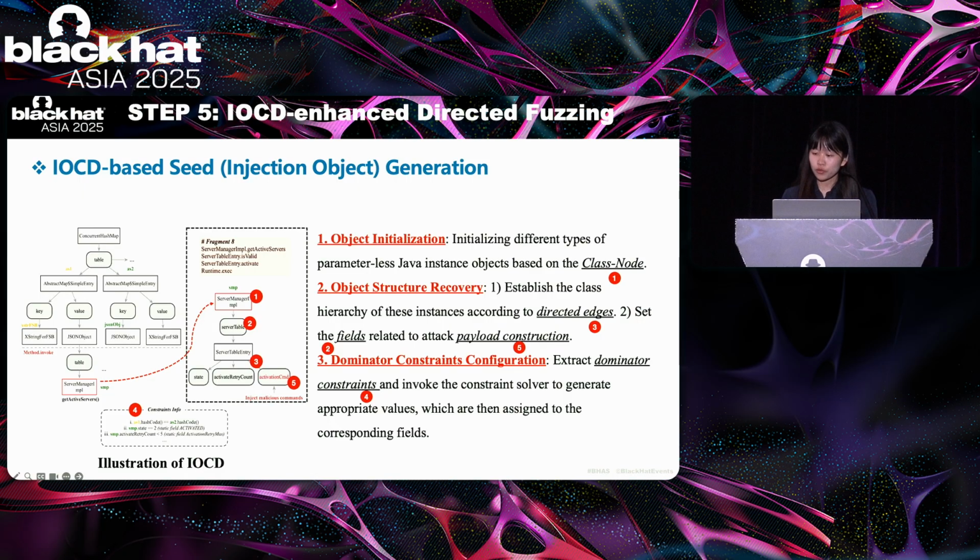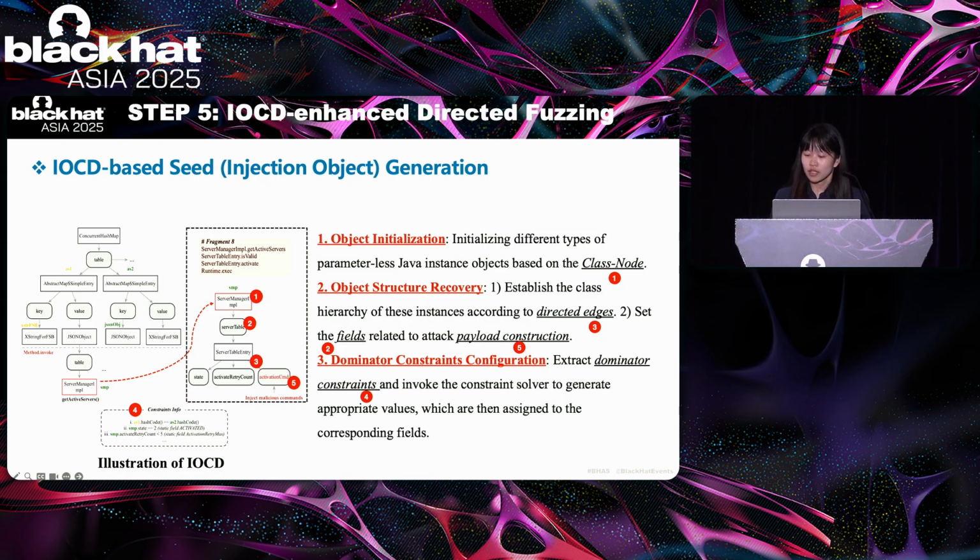The process of generating the injection object mainly consists of 4 key steps. Firstly, JDD will analyze the parameterless Java instance objects based on the class nodes, and then establish the class hierarchy among these instances using the directed edges.